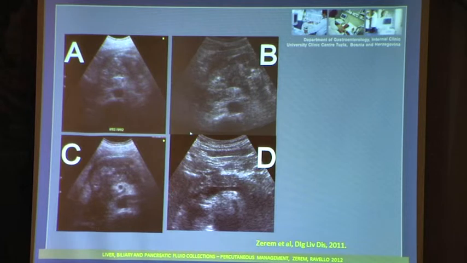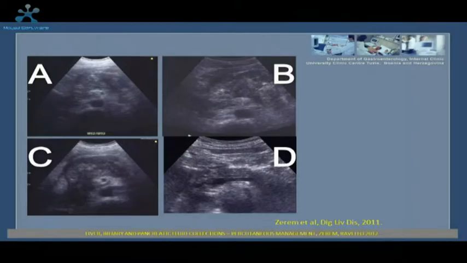And this is the situation a few months after the patient was discharged from the hospital. The appearance of the pancreas is practically normal, and this patient with a severe form of acute pancreatitis, with infected necrotizing pancreatitis, and in poor general condition, was solved by these minimally invasive non-surgical methods.